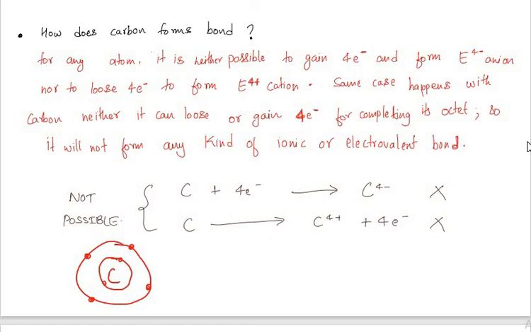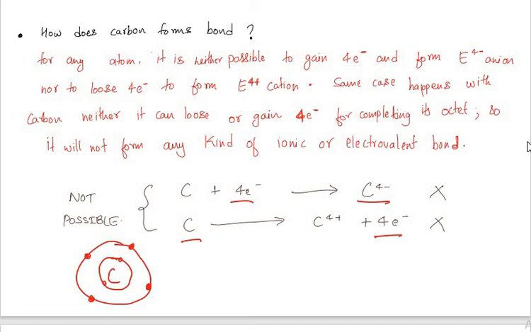Since carbon has 4 electrons, it would have to attain 4 more, and it is not possible for carbon to gain 4 electrons and form a C4- anion. It is also not possible for carbon to lose 4 electrons, because the ionization energy values are very high, which we will study in class 11th.